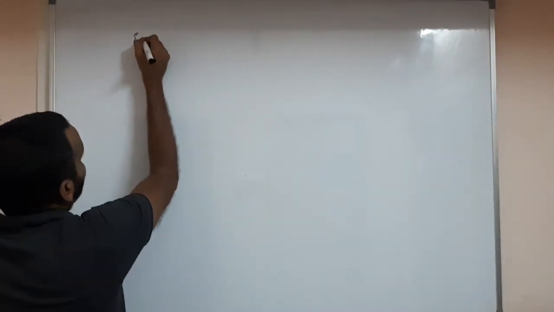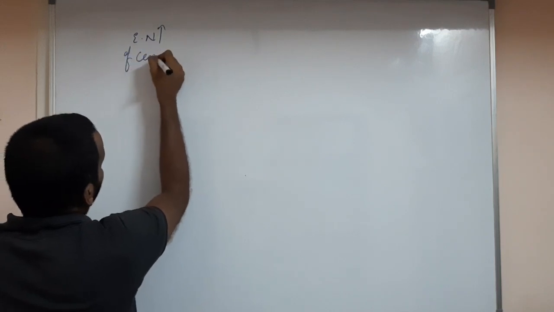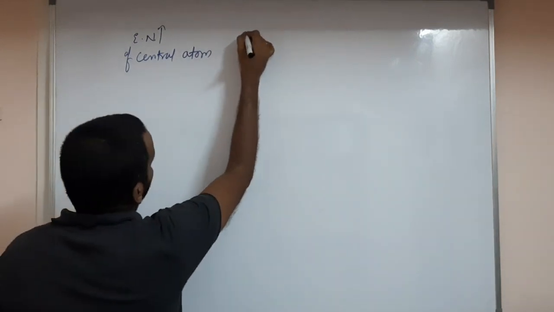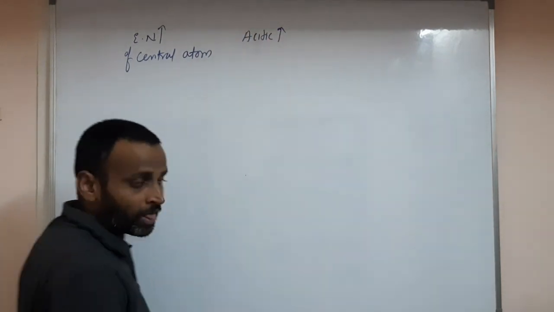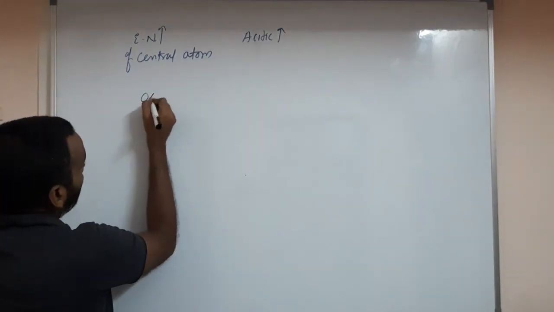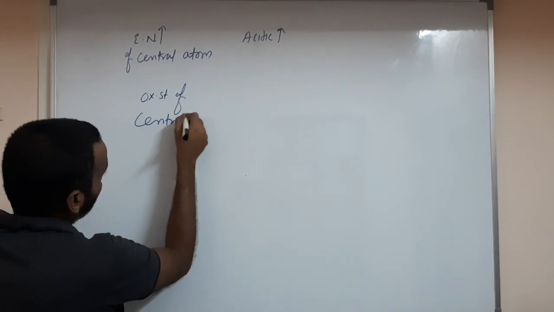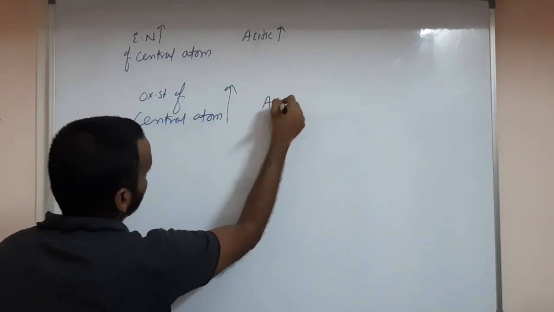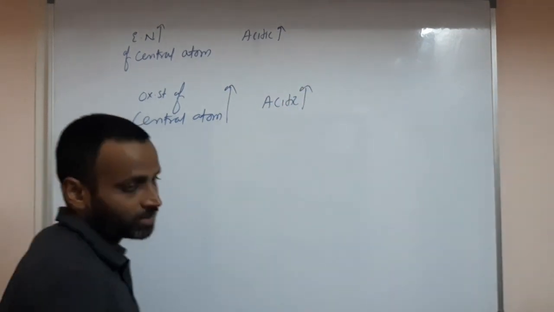I told you, as electronegativity of the central atom increases, then acidic character, what did it say? Acidic character increases. Or else one more thing I said: if the oxidation state of the central atom increases, then acidic nature increases. Theoretically we can come to know like this.